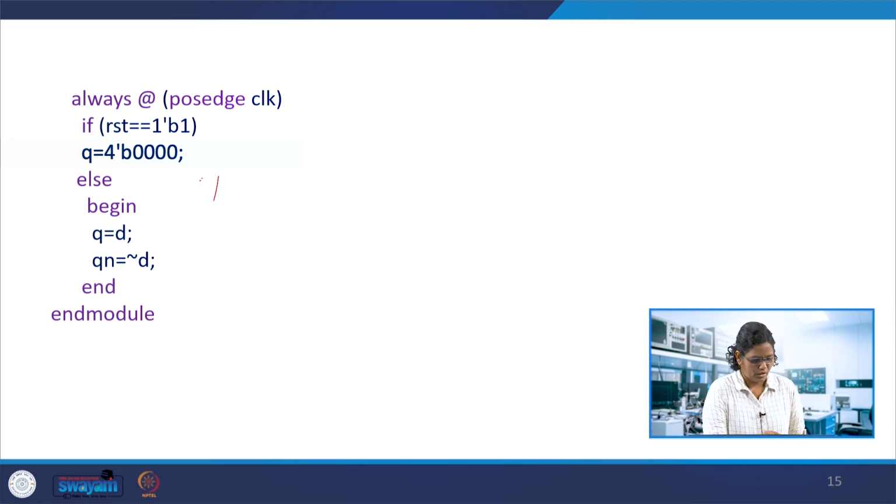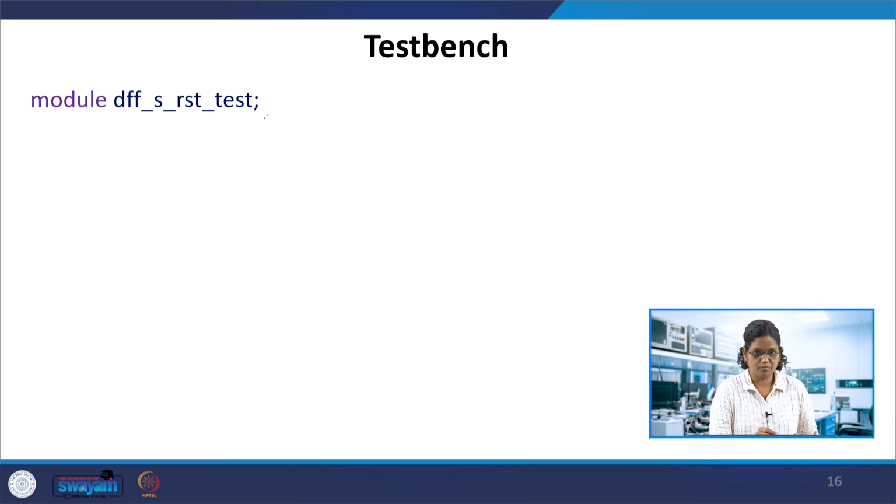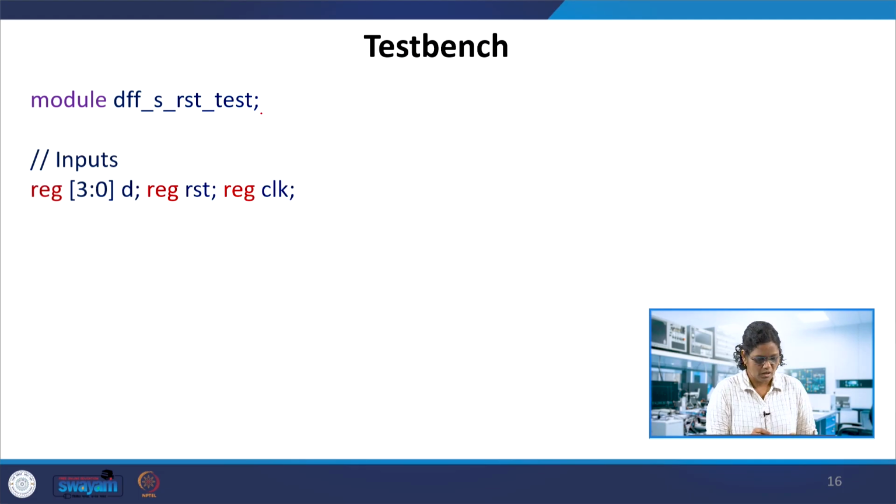There is no other change here. You can see the sensitivity list changes between the asynchronous reset and the synchronous reset. In the asynchronous one, the test bench reset can be pressed anytime irrespective of the clock, whereas here it is with respect to the clock. So D flip-flop, synchronous reset and test. The inputs are the 4-bit D input, reset and the clock.